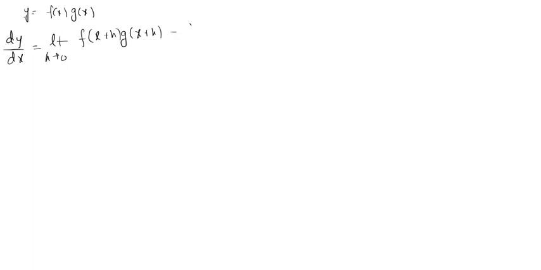So if y is equal to f(x) into g(x), dy by dx will be limit h tending towards 0 of f(x+h) into g(x+h), the value of the function at x plus h, minus f(x) g(x), divided by h. Now in the numerator I will add and subtract f(x+h) into g(x).